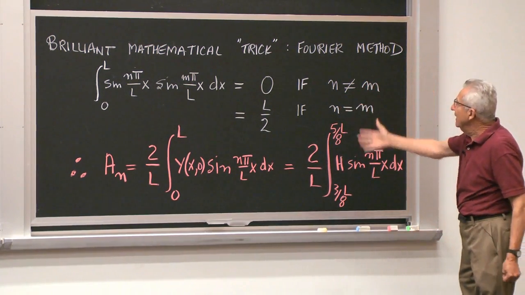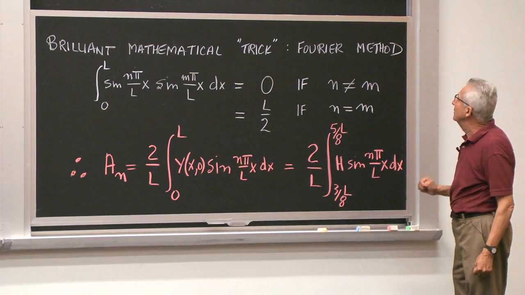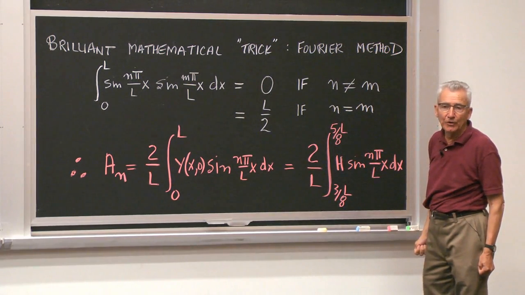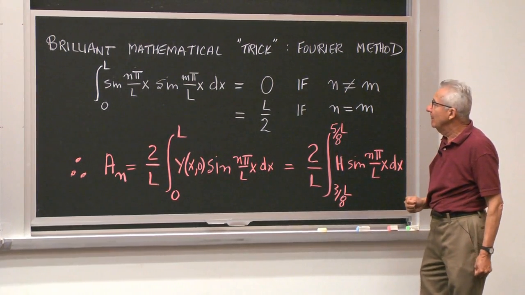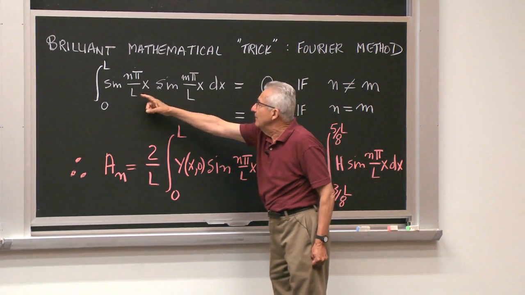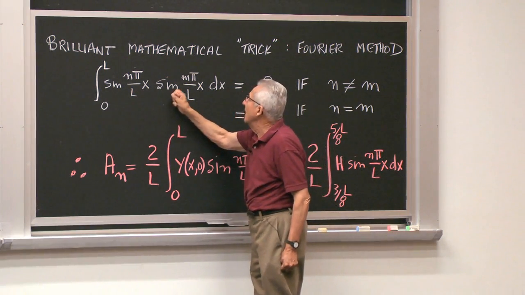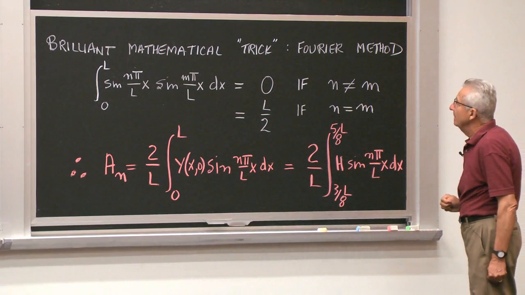In this particular case, because I find it easier to explain, I essentially derived the Fourier theorem for this particular problem. For this particular problem, the function by which you multiply this is sine m pi x over L. Okay.